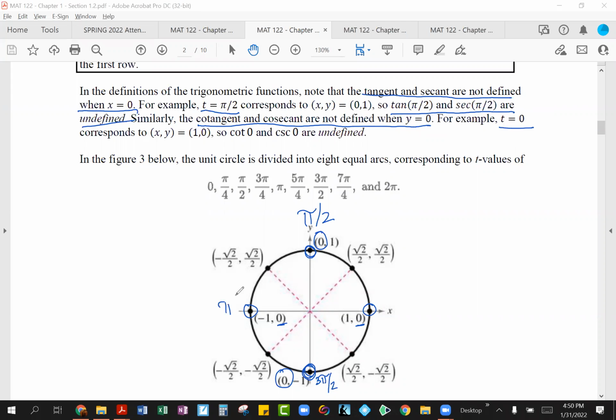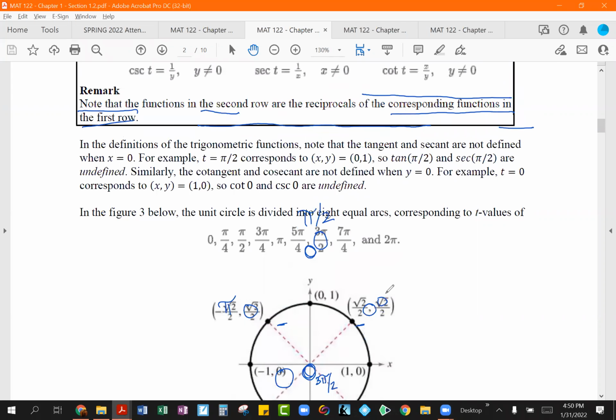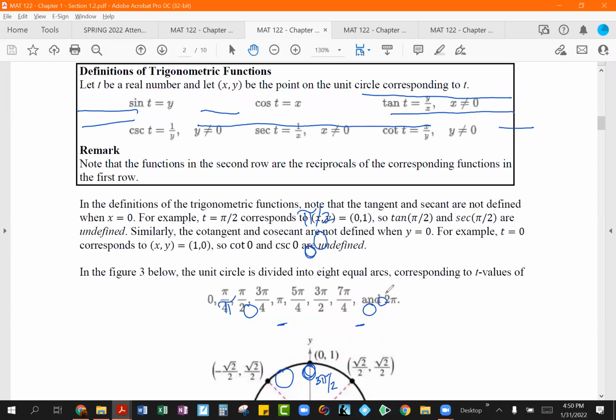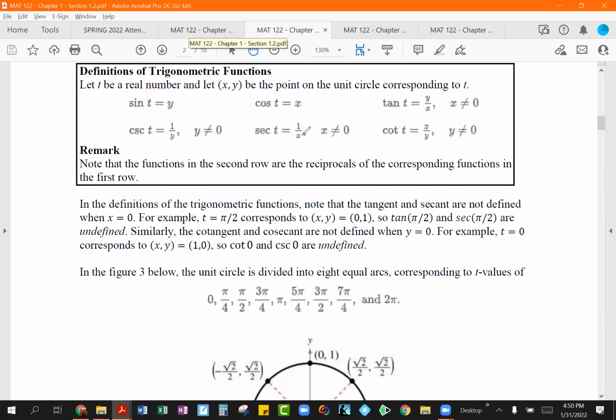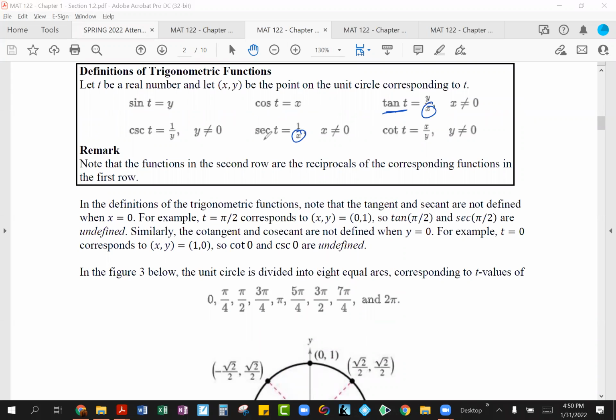This angle over here is pi, this angle is 0. So when x is 0, the tangent and the secant functions are undefined. When y is 0, your cotangent and cosecant functions are undefined.